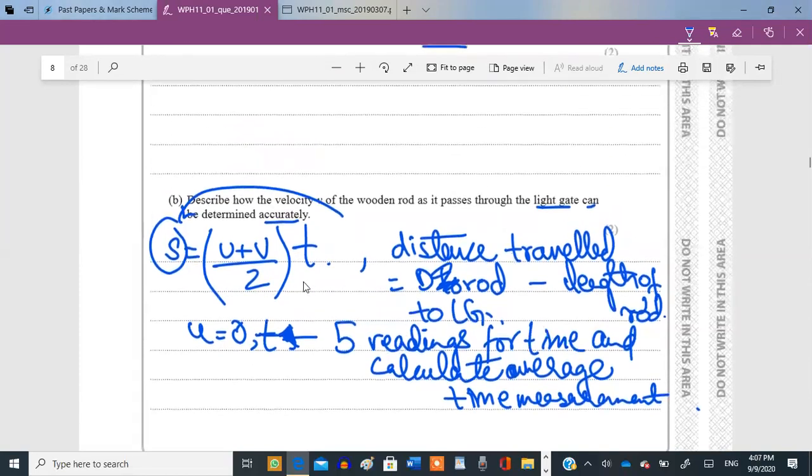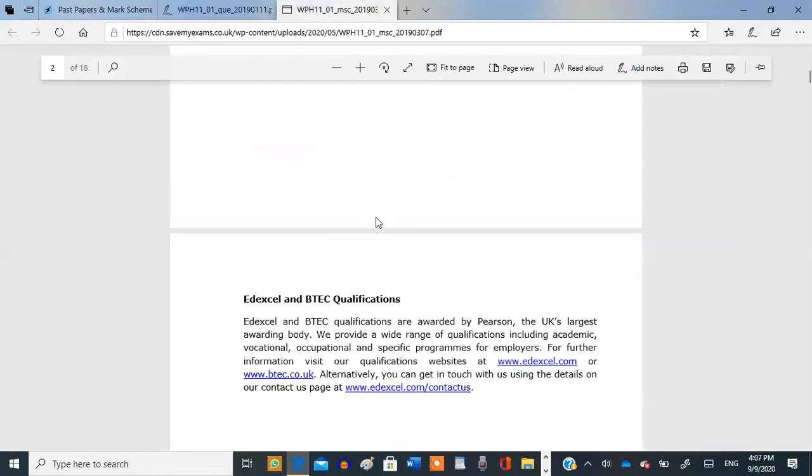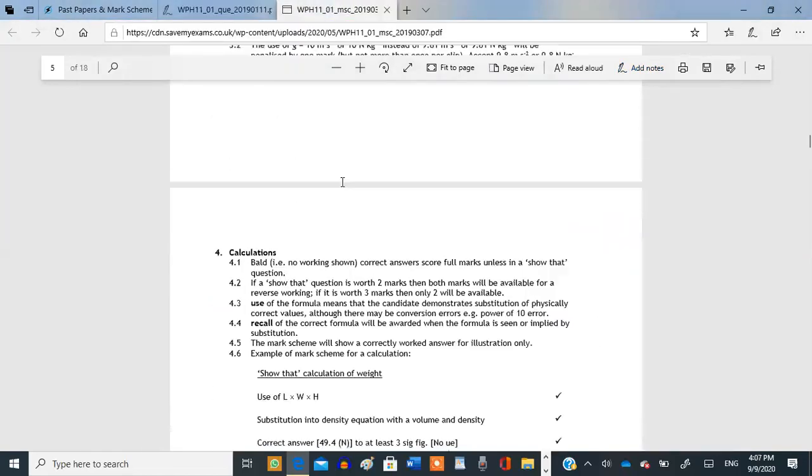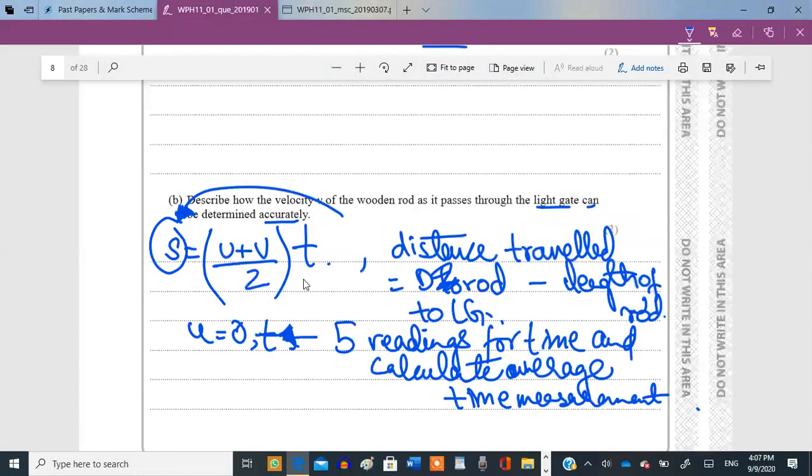Is this what the marking scheme said, or is it something different? It says v equals length of rod divided by time to pass through the light gate, which is written in brackets.